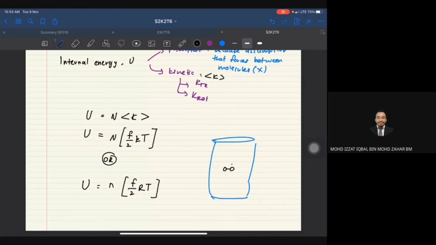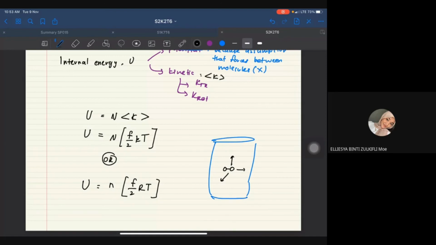Okay. If I want to find the linear punya energy, itu kita panggil apa, guys? Siapa boleh beritahu? Panggil nama ya. Siapa dia? L. L ada?